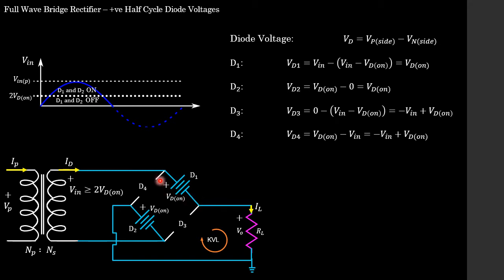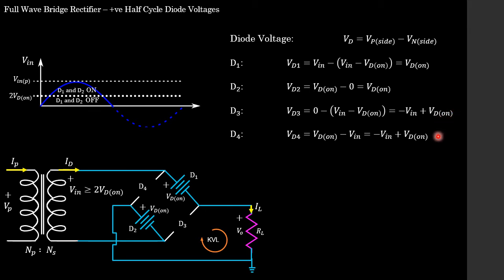This node voltage is simply V in minus VD on. And we see it in this expression, V in minus VD on. And we have a minus there because it's on the N side. So we see that the voltage across diode 3 is minus V in plus VD on, which is going to reverse bias our diode, so we know it is in fact valid to say it is off.